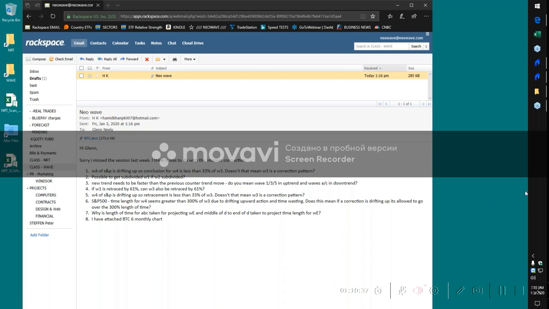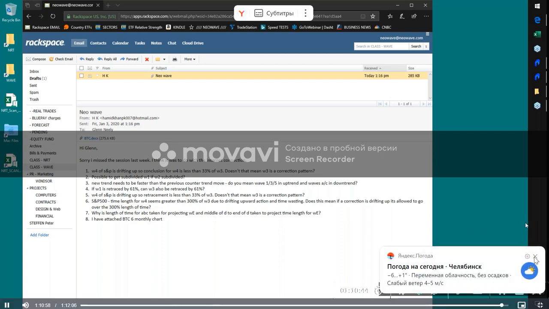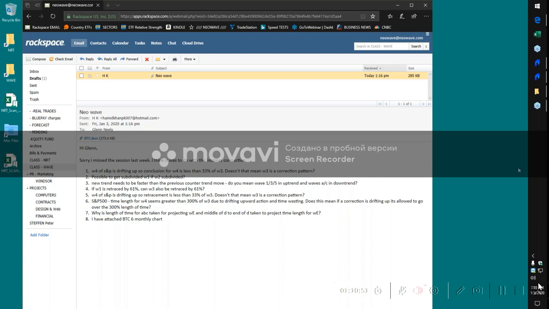Let's see. Santosh asks, in case of a zigzag, break of the ZOB line is stage 1 confirmation. And then I need to open up this question because I don't have space to read it all. So Glenn, the question is, wave stage 1 is complete, but stage 2 is not complete. So what does it imply? Is it a zigzag or is it not a zigzag?